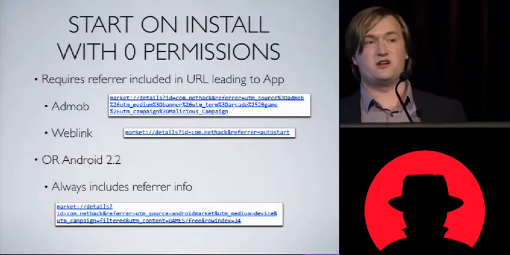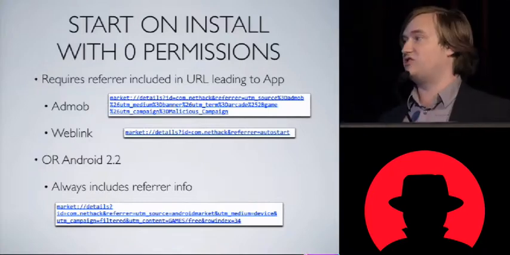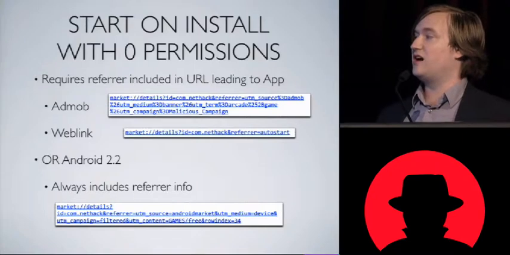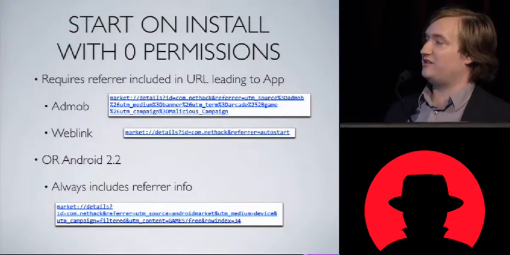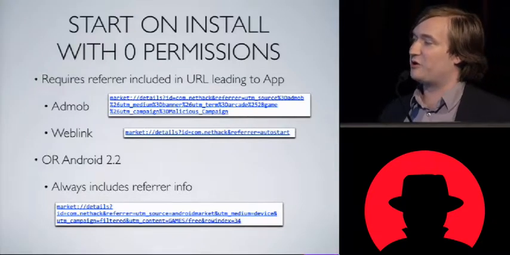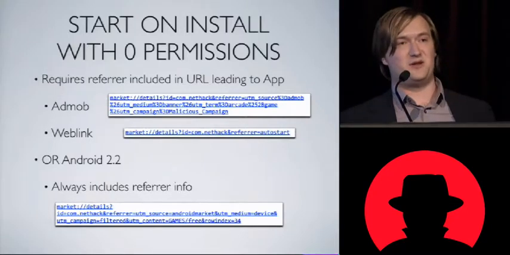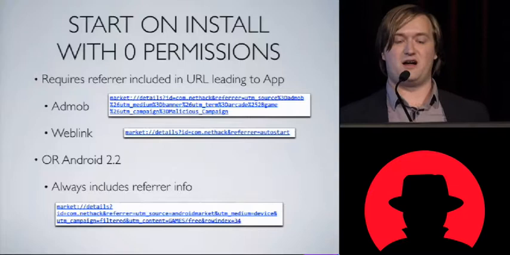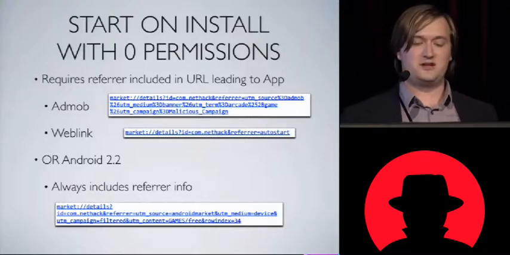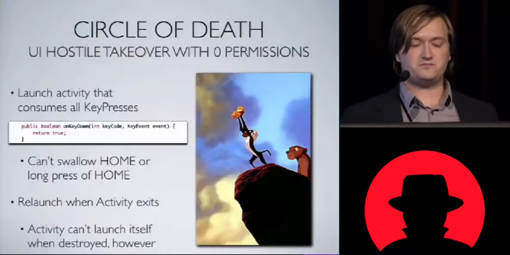However, in Android 2.2, they added a new feature that always includes a referrer that tells you, in this case, that I downloaded this app from the games category in the free section, and it was the 34th item on the list. So as of Android 2.2, you can expect this to work on every single download of your application.